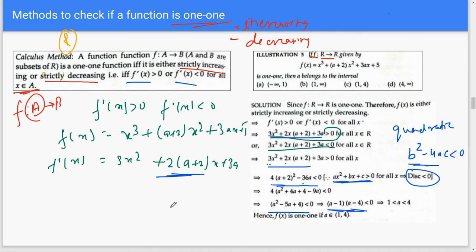I don't know whether you know how to solve the inequality or not, but in these questions utilize the fact of the quadratic equation and then the inequality, and using these two concepts you can easily solve this question. Either f dash x is greater than 0 or f dash x less than 0. If you solve these two, you get that thing.